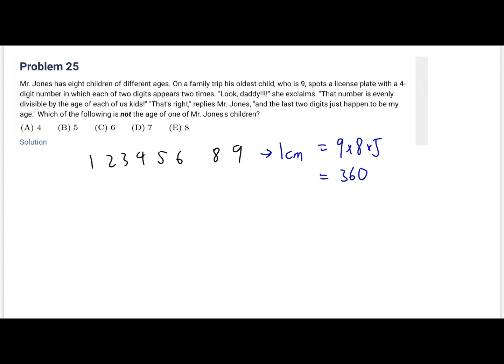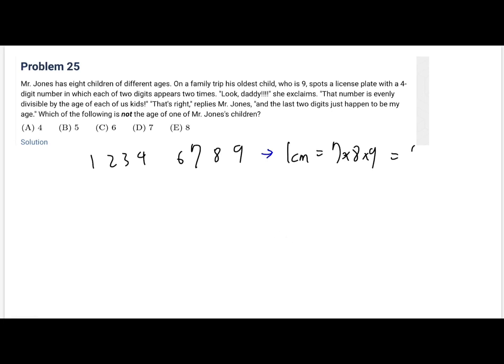So that must mean that 7 is here and 5 is not. So the LCM of this one must be 1, 2, 3, 4, 6, 7, 8, 9, 7 times 8 times 9. This is 72 times 7, 504. So LCM is 504.